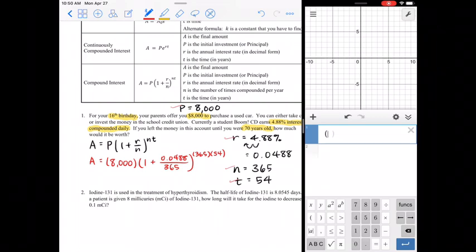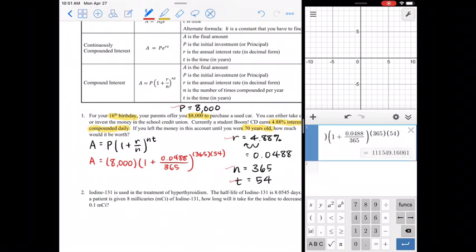So I'm going to have, using parentheses, 8,000 times 1 plus, and I'm going to make that a fraction, 0.0488 over 365 days, and that is being raised to 365 times 54, and we get this number.